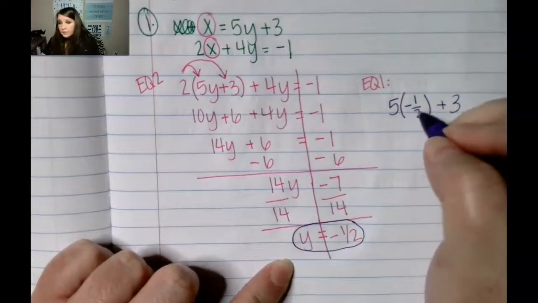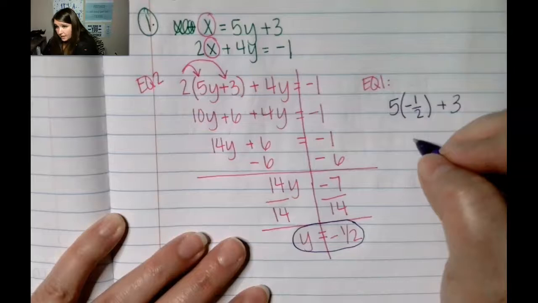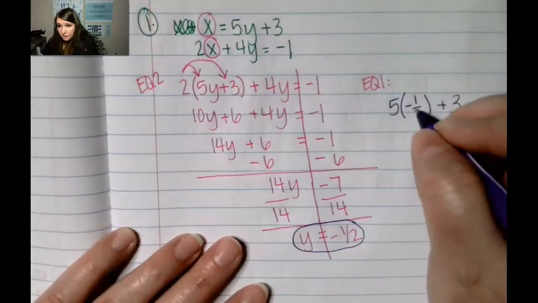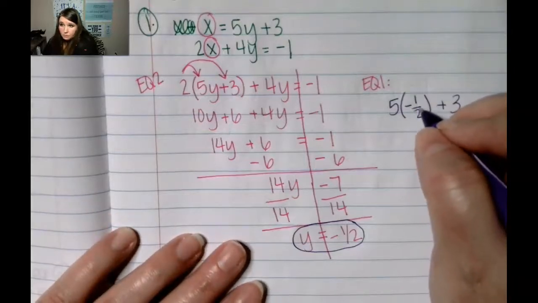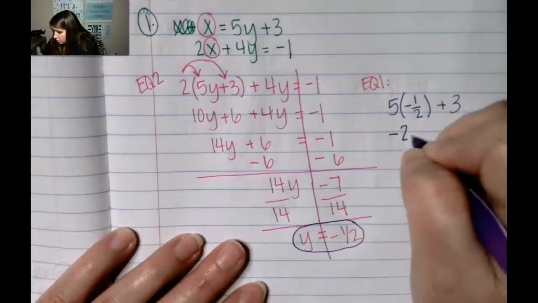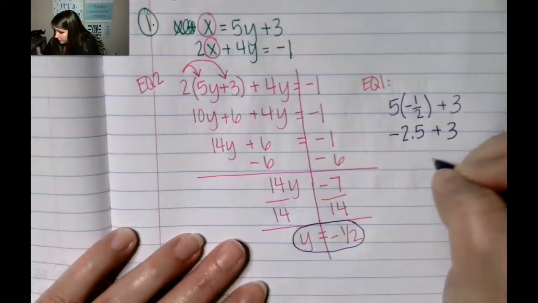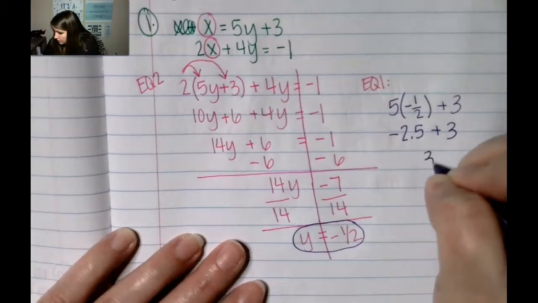All right, 5 times 1/2, I get 2.5. But I also have negative in front of it. So I have negative 2.5 plus 3.